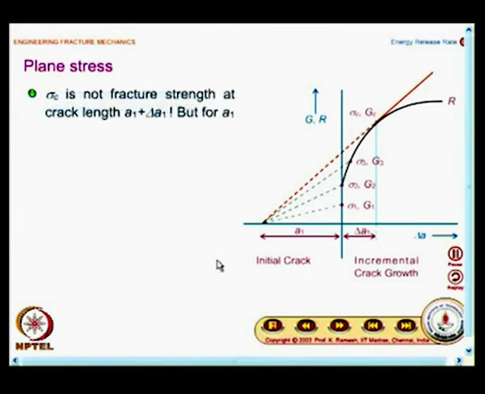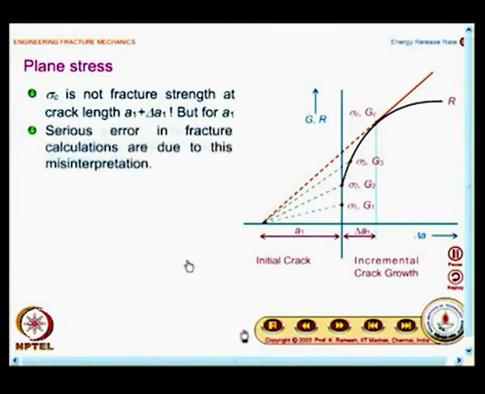Another important aspect we looked at: when you say sigma c, what is the corresponding critical crack length? Is it A1 or A1 plus delta A1? You have to keep in mind, when you have the stress of sigma c, a crack of size A1 will have a stable fracture extension followed by unstable fracture.